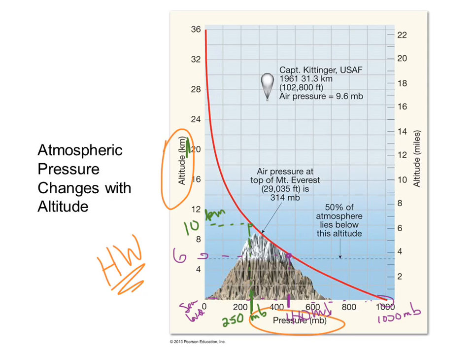So you're going to have the same atmospheric pressure at sea level as you would at 32 kilometers. 32 kilometers? This is 2,000 kilometers. So you're saying 32 kilometers like up here? 32,000 kilometers. Oh, sorry, 32.